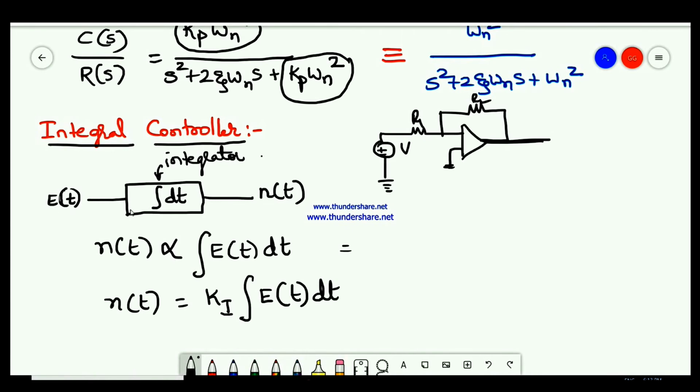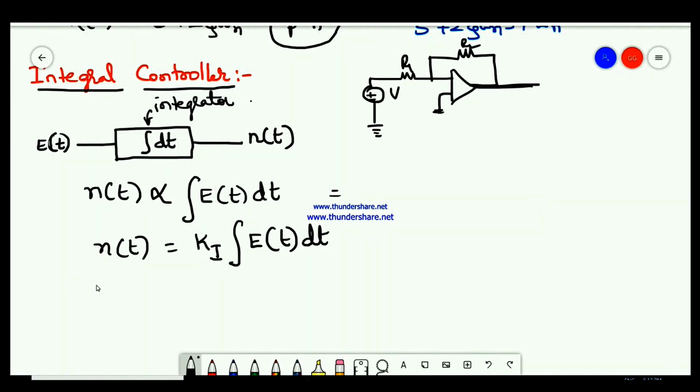Taking the Laplace transform, n of s would be equal to Ki into e of s divided by s, because of the integrator, and we know integration in Laplace always divides by s.